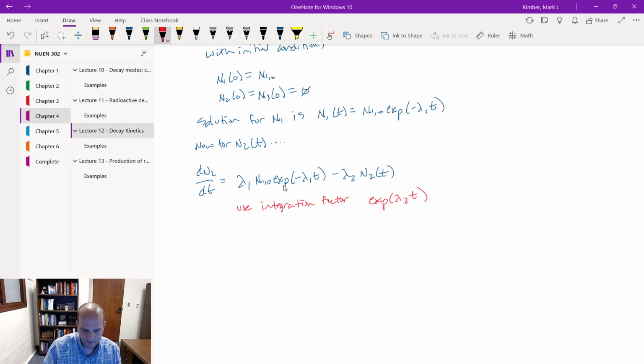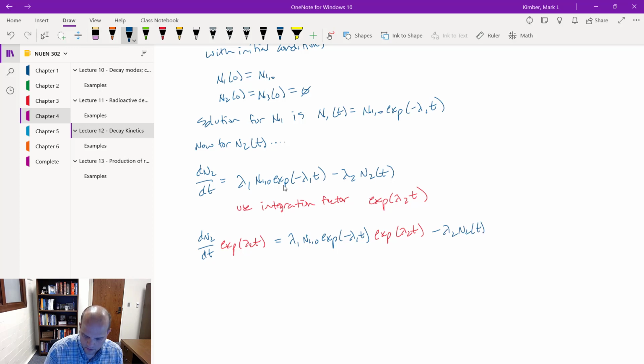So if we multiply every single term with this expression, now we have this, times exponential of lambda 2 t, equals lambda 1 N1 multiplied by our integrating factor, and then we have our final term, and we multiply that as well by the integrating factor.